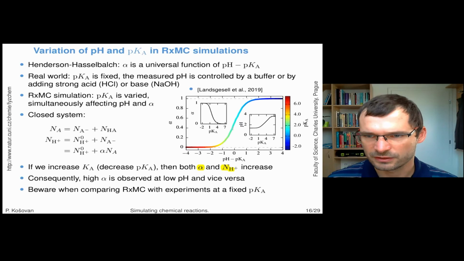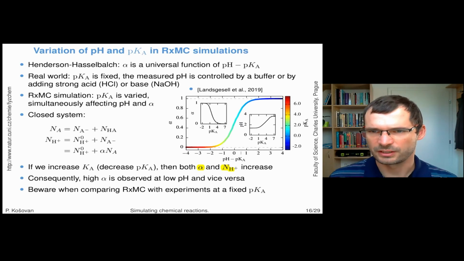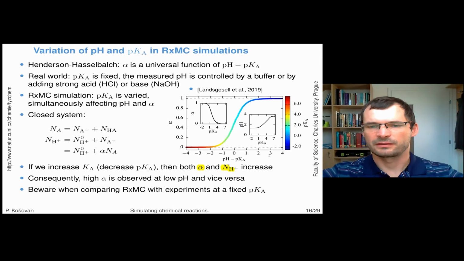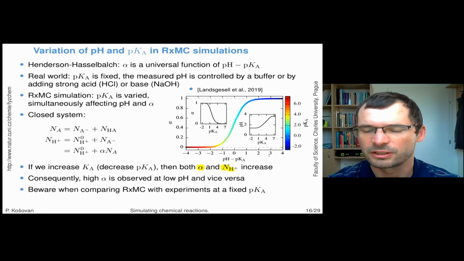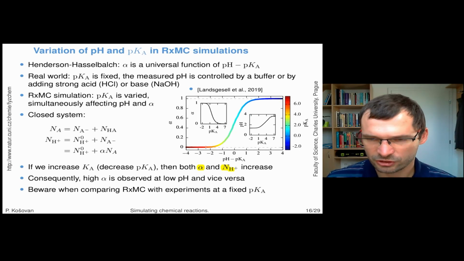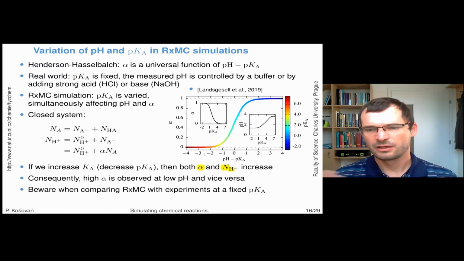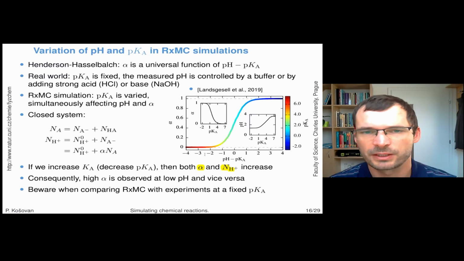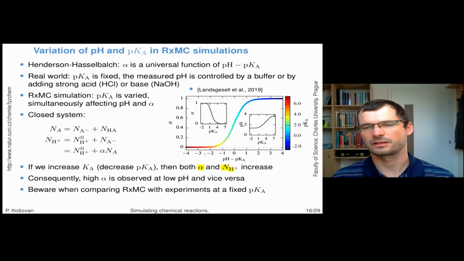This is illustrated in the figure here, which may seem rather complicated to inspect quickly, and I recommend that you return to it after the lecture if you would like to understand this issue. But if you look at this red region, this corresponds to high pK and at the same time high pH value, and at these high pH values we observe low ionization degrees, which seems to contradict the Henderson-Hasselbalch equation, which says that we should observe high ionization degrees of an acid at a high pH.